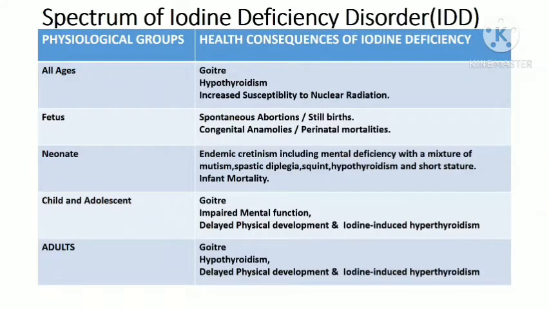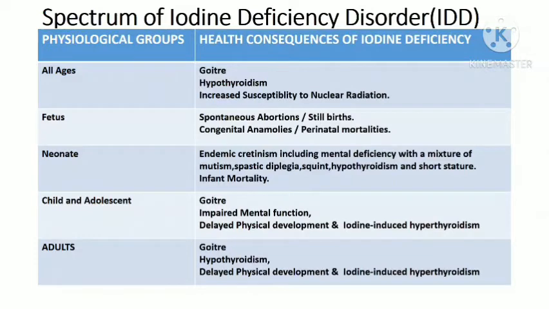My dear students, the spectrum of iodine deficiency disorder is very broad. It ranges from goiter, hypothyroidism, impaired mental function, mental retardation, and physical subnormality, myxedematous cretinism, dwarfism, psychomotor defects, deaf mutism, spastic diplegia, squint, to abortions, stillbirths, congenital anomalies, increased perinatal and infant mortality, which are completely preventable but usually not treatable.